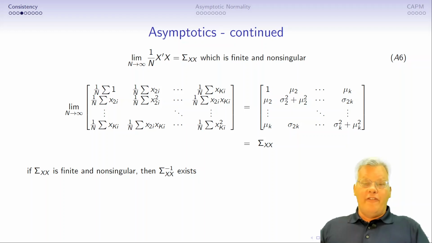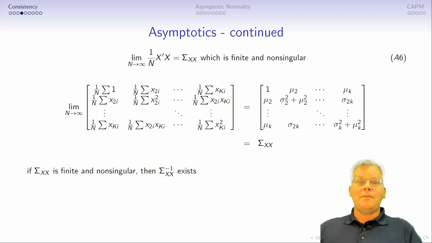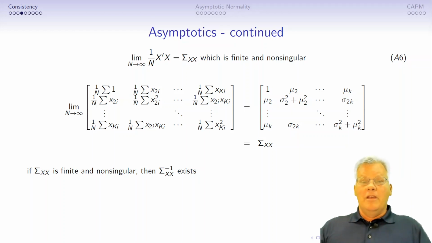And Verbeek denotes that as sigma sub xx. It's a finite matrix, meaning that none of the elements of sigma sub xx explode. None of them become large. And also, non-singular means that the matrix is of full column rank, or an inverse exists.